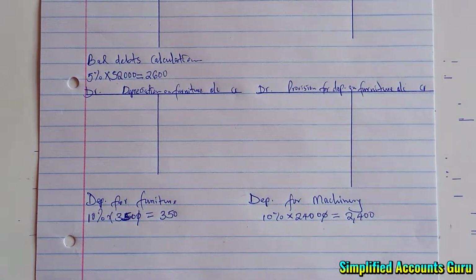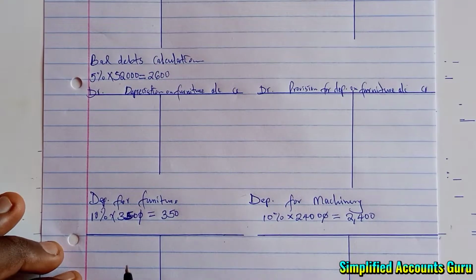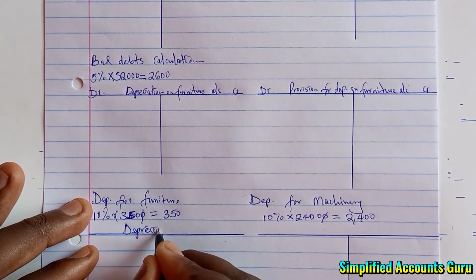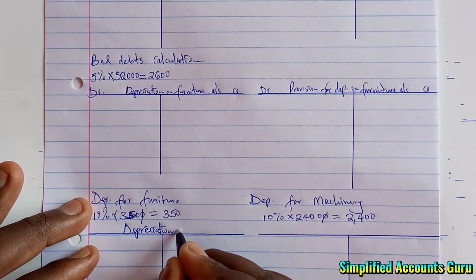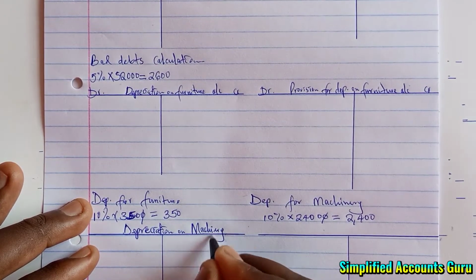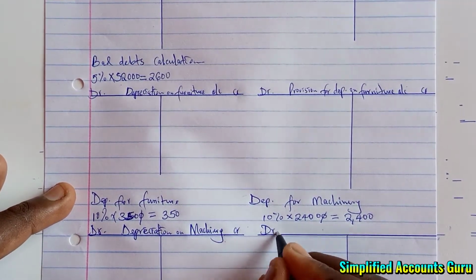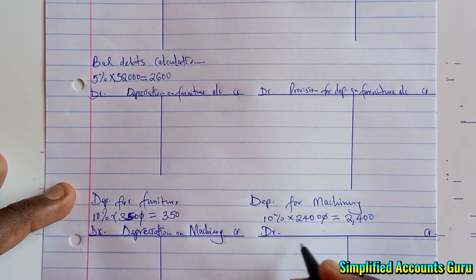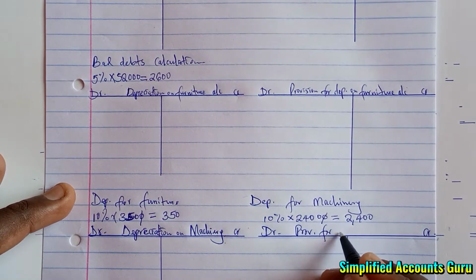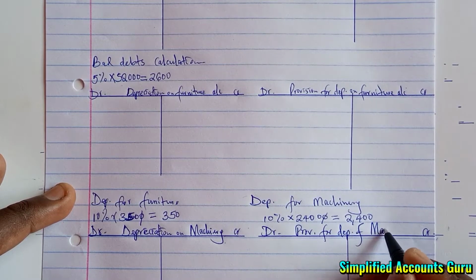Now we want to pass these two in the ledger accounts. Now we have got depreciation on machinery, debit and credit. Then we have here provision for depreciation of machinery account.